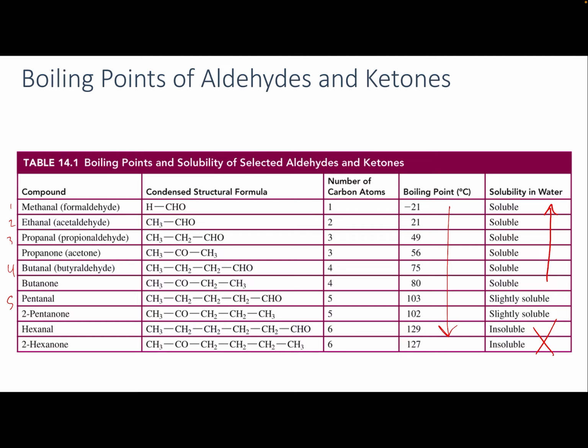So here we're not actually comparing alkanes to aldehydes and ketones. Here you can see this is just aldehydes and ketones next to each other. So as this aldehyde and this aldehyde and this aldehyde get more and more carbons, you see the boiling point go up. All of these are soluble because they're aldehydes and ketones. Remember methane, ethane, propane, just the alkanes, those are not soluble in water from the get-go. But these are because they have that polar group.